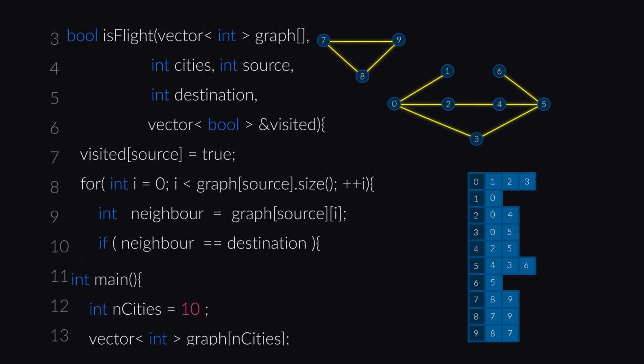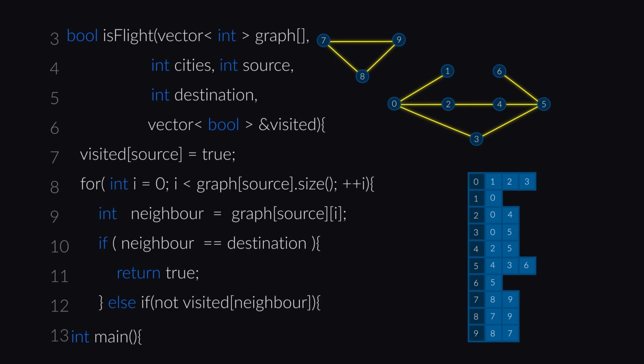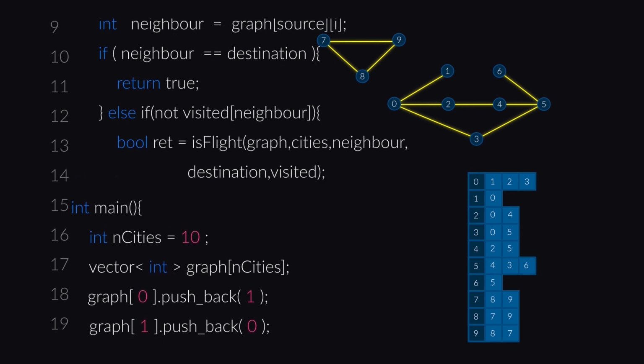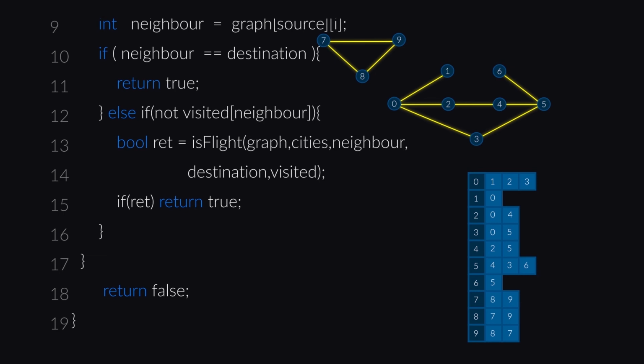If the neighboring city is our destination, we return true, else we need to jump to that city to explore its neighbors. But before that, we need to check if the city is already visited or not. This is where we call the function itself, and this time our source will be the neighbor. If any function returns true, then we exit with true, else we return false.